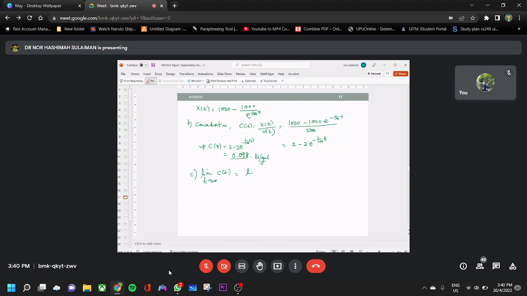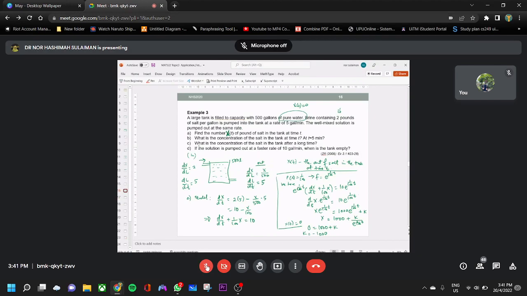So limit, masukkan je lah. 2 minus 2e to the power of negative 1/100 T, right? As T goes to infinity. Nak buat dalam bracket macam ni pun boleh, tak nak pun tak apa. Okay, so dapat berapa? Paling pekat dia boleh buat adalah 2 pound per gallon. Okay? Alright? Are you all with me?